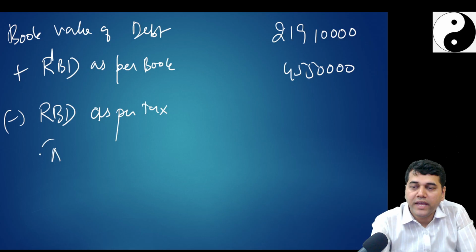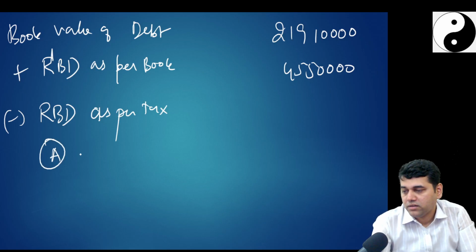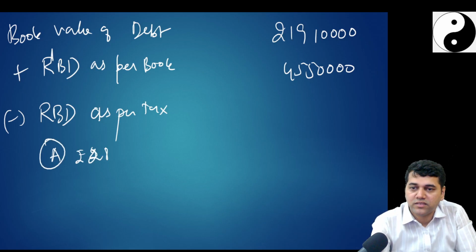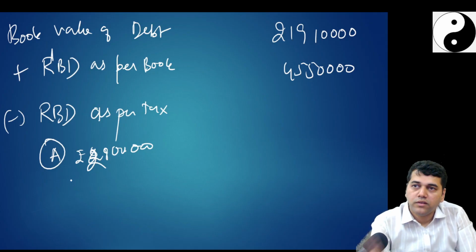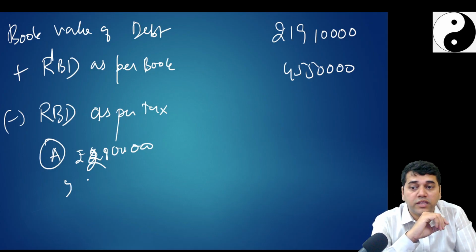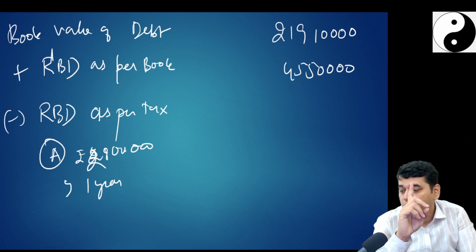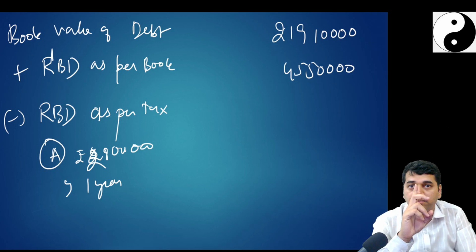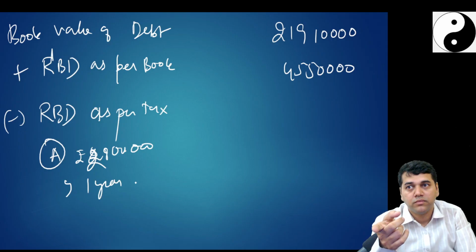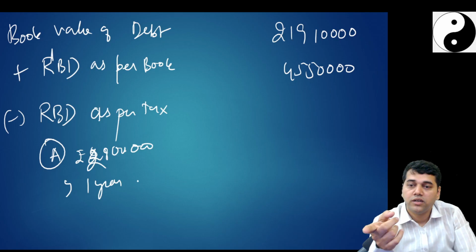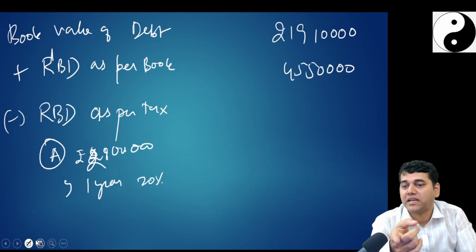Now let us go to debtor A, rupees 28 lakhs. When he was first due more than 1 year old, which you incurred in the year 15-16, in the year 16-17, since he was more than 1 year, have you made a provision for him? Yes, how much? 20% of 28 lakhs.